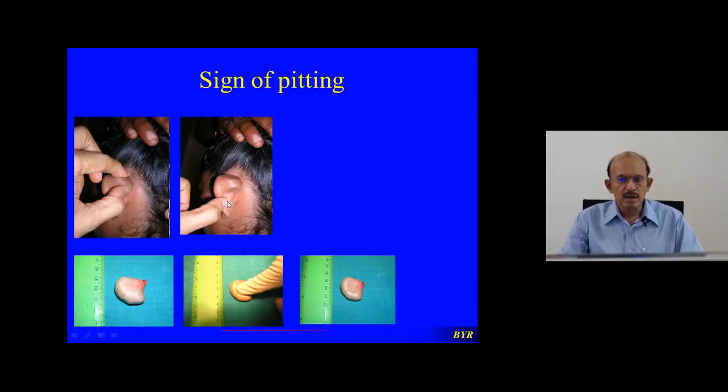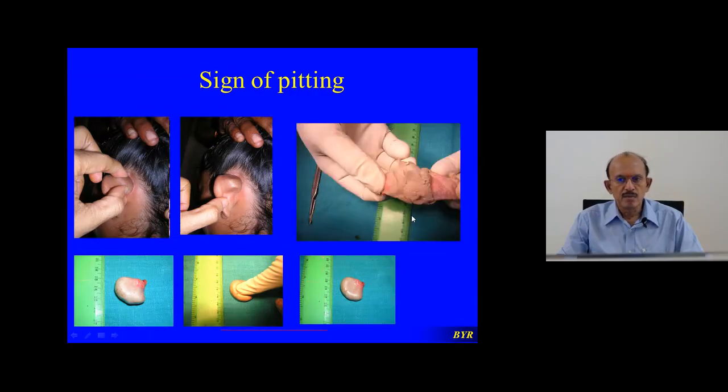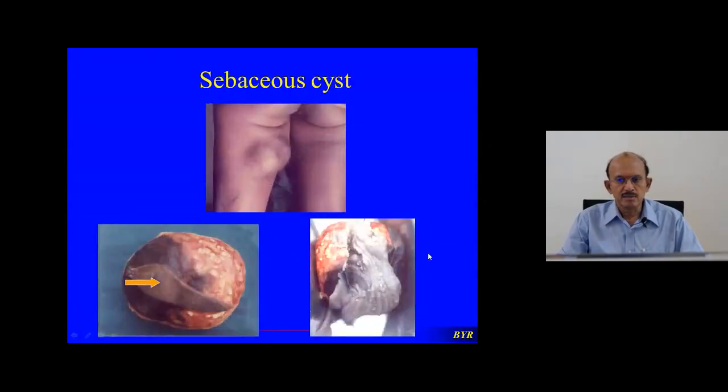So this is called indentation. You can see here when it's being pressed, there is a depression here because it contains pultaceous material, so it presents like that. You can see this is a very large sebaceous cyst of the thigh.